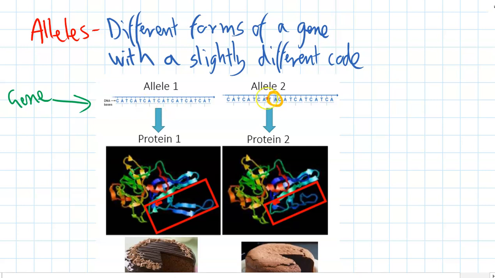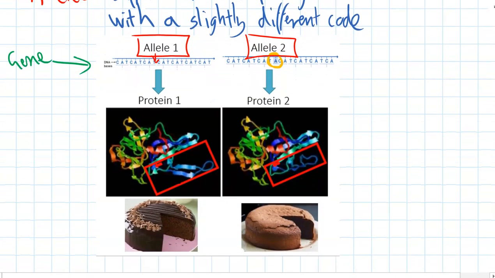There's an extra A that's been added in here. So this allele, or this form of the gene, doesn't have that extra A, whereas allele 2 has an extra A. And just that one change in letter is enough to change the protein that gets made from the gene.